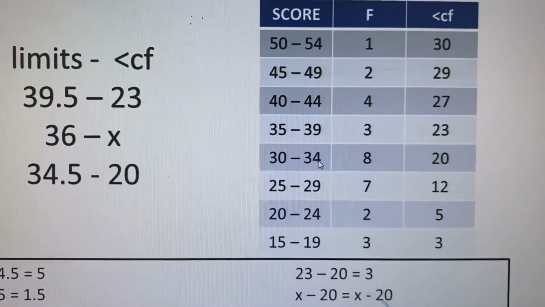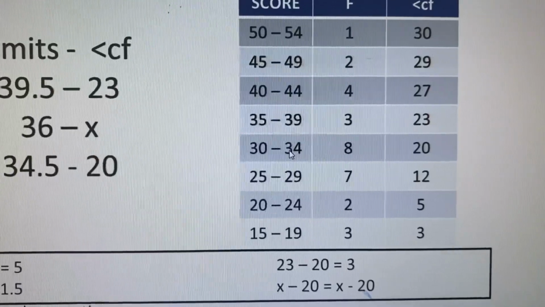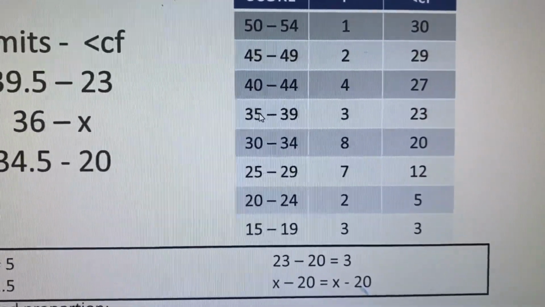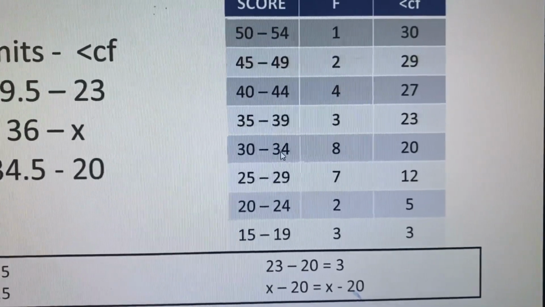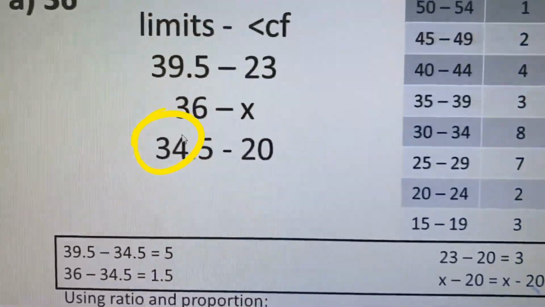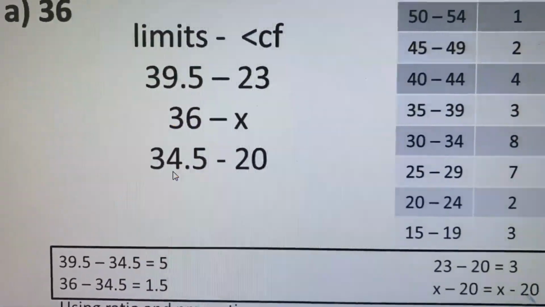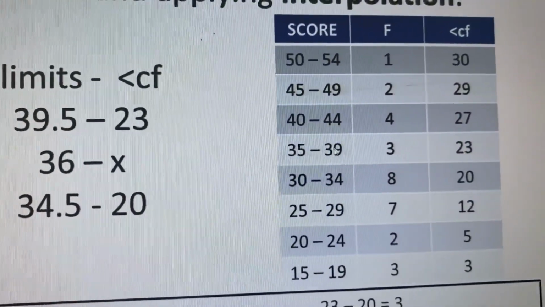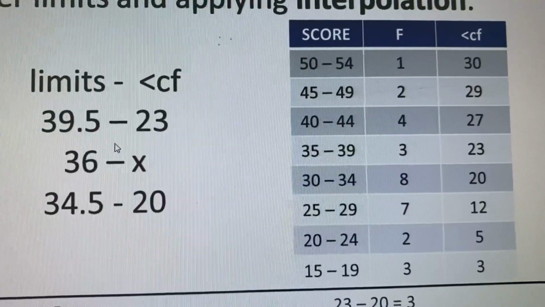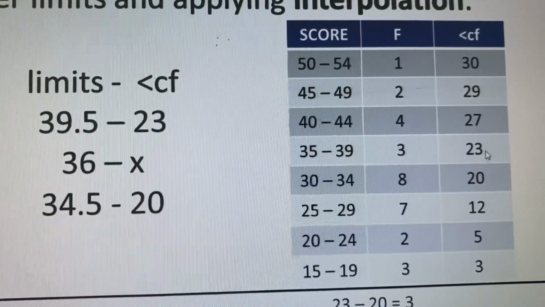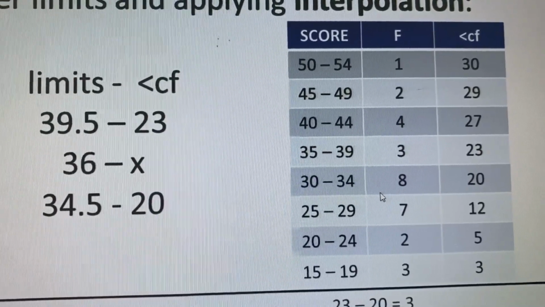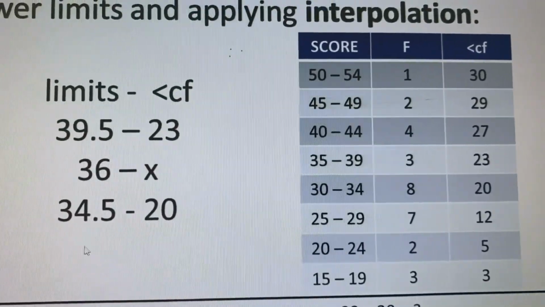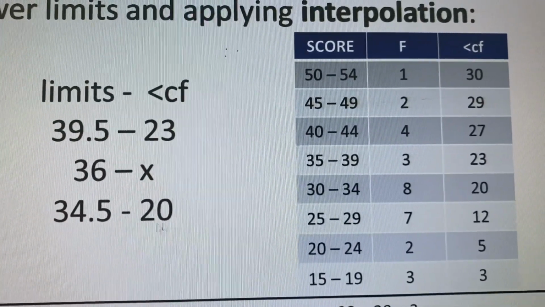Then for the lower limit, we add 34 plus 35 divided by 2, so we get 34.5. Then for the cumulative frequency of the upper limit, 39.5, we will use 23. And for the cumulative frequency of the lower limit, 34.5, we will use 20, as shown here in the table.